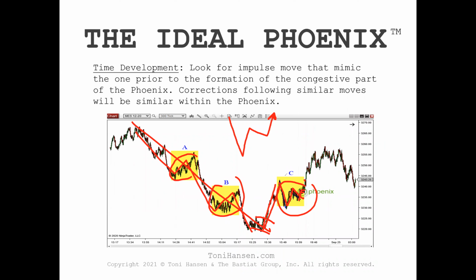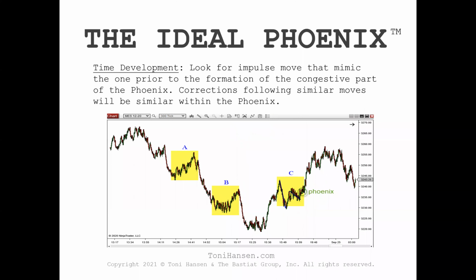So in fact, we've got the bigger Phoenix here with the 2-wave correction like this. We have a smaller Phoenix right here with the 2-wave correction here. And then we have an even smaller Phoenix in here.